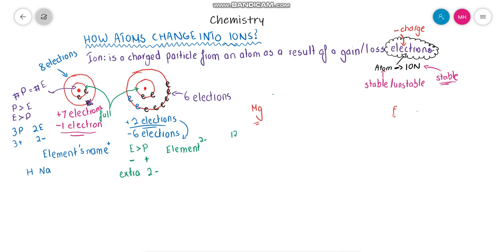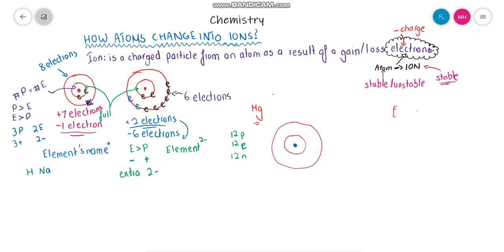has 12 protons, therefore 12 electrons, and 12 neutrons. If you draw that, I'll not draw the nucleus because it's going to take a long time. I'll just draw the electrons. It would look something like this.